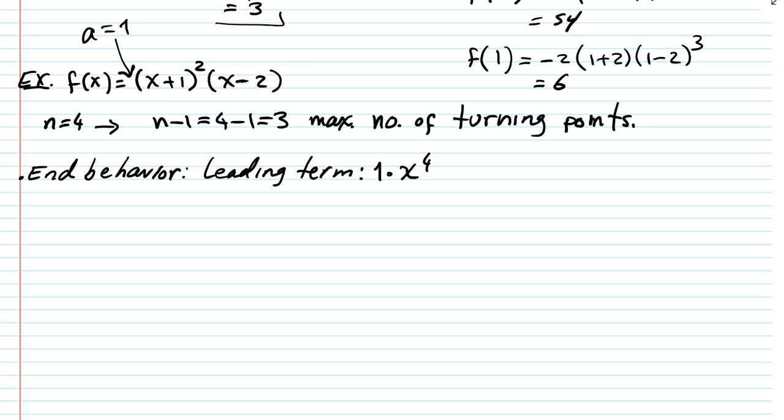Okay, so what does that mean? That means for very large, very small x values, this function is going to graph like x to the 4th does. And remember, x to the 4th was our power function. We looked at those in section 4.1. And all we get from this step is the end behavior. Okay. So for our graph, the graph's going to end up in the first quadrant when x is very large, first quadrant.